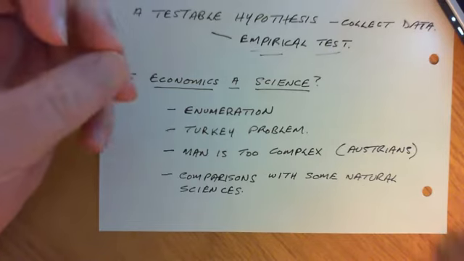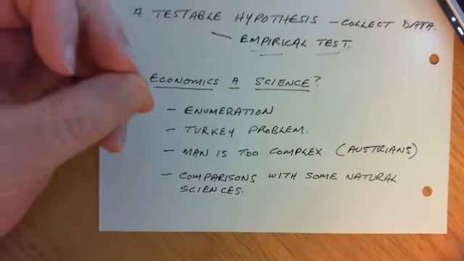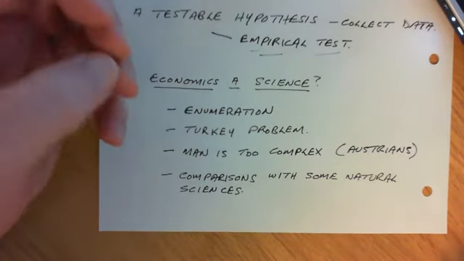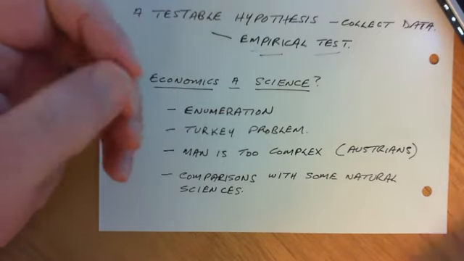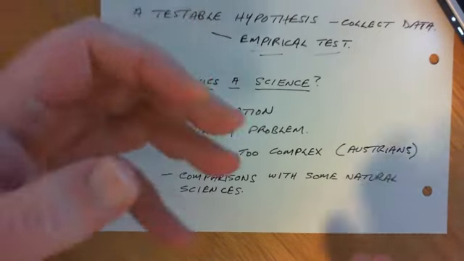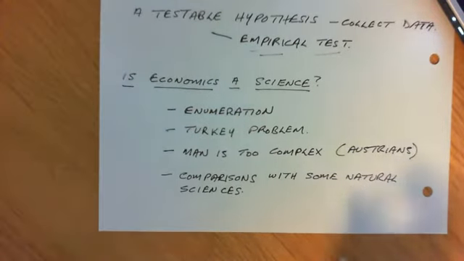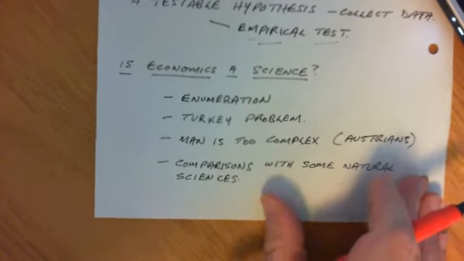Astronomers can't perform experiments. They can't arrange the planets just for the fun of it and see what happens if they do something else. The planets are the planets. The galaxies are the galaxies. You can't do anything with. They make observations, and based on the observations, they draw conclusions. And that's what economists do. Economists can't perform experiments, at least to a large extent.